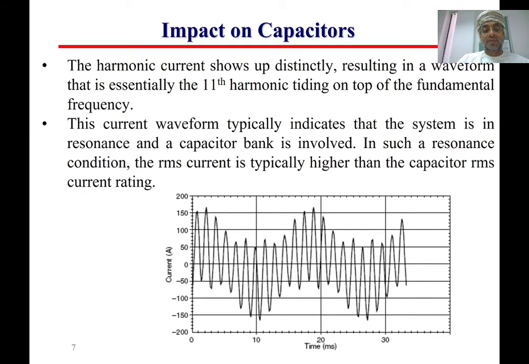So we have roughly the fundamental component, and on top of that we have the 11th harmonic. This current waveform indicates that the system is in resonance, and of course the capacitor bank is involved in the resonance. In such a resonance condition, the root mean square current will be higher than the capacitor rated root mean square current.